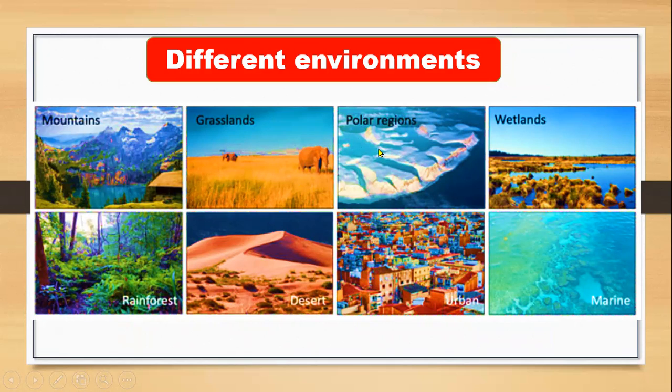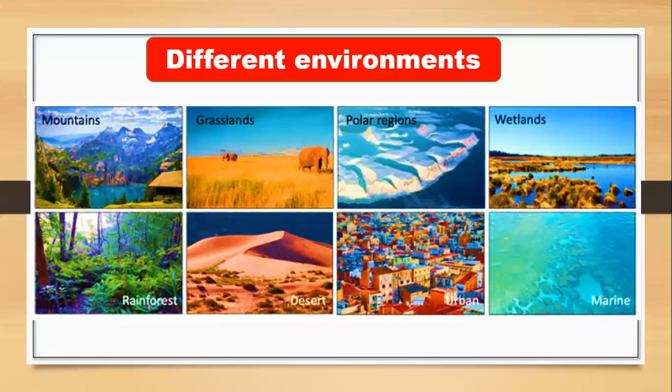Some animals live in the polar region, wetland, rainforest, jungle, desert, and urban areas like cities. Some animals live inside the urban areas. And some animals live in the ocean, in the sea. So these are the different environments.